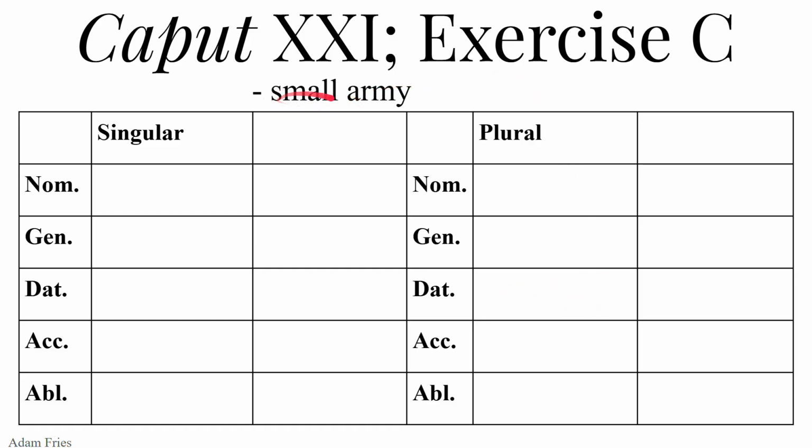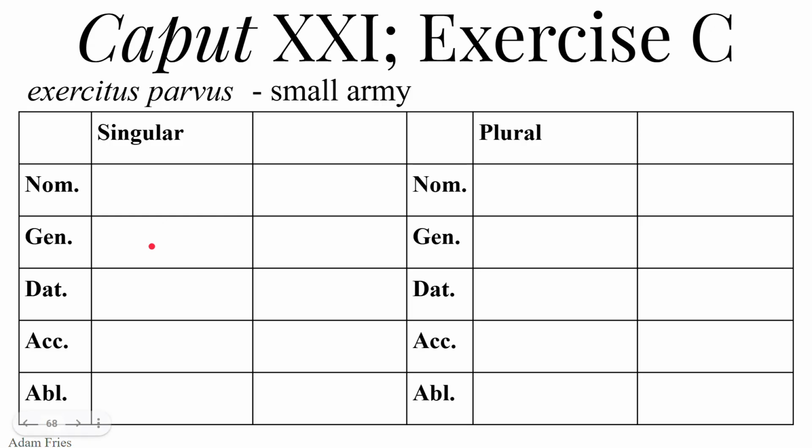All right, small is parvus, a, um. So another first and second declension adjective. Because exercitus is masculine, we want parvus. Not parva, not parvum. Parva being feminine, parvum being neuter. We want parvus. Now chop off the us and get exercit as the stem.